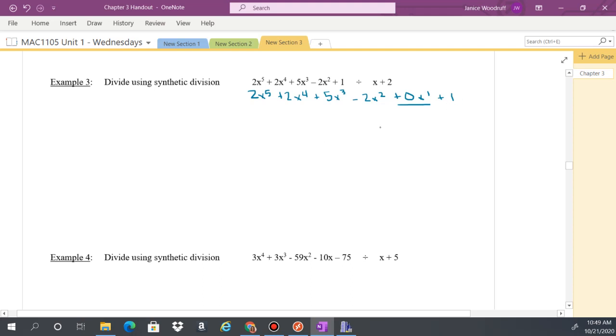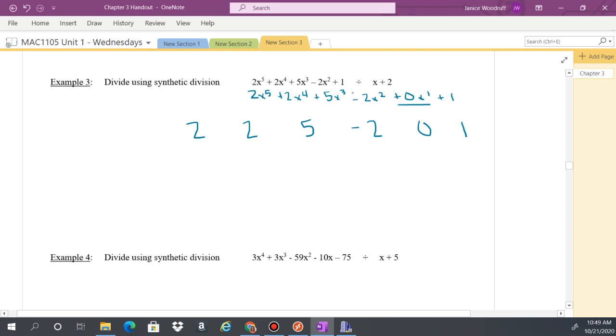So then 5, 4, 3, 2, 1, then your constant on your exponents. And then for synthetic division, you're only going to pull the coefficients for each one. So you're going to pull the coefficient 2, then positive 2, positive 5, negative 2, 0, and 1. You're going to line them up like that.